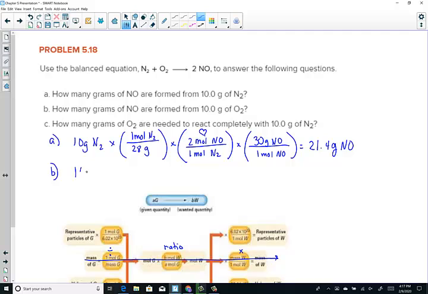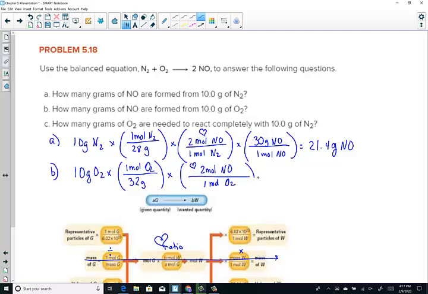We're going to start with 10 grams of oxygen in letter B. We use the molar mass of oxygen to convert it to a mole. 32 grams is the addition of 2 oxygens. We're in the heart of our stoichiometry problem, the want over given ratio. We want to know moles of NO. Its coefficient is a 2, starting with oxygen, whose coefficient is a 1.